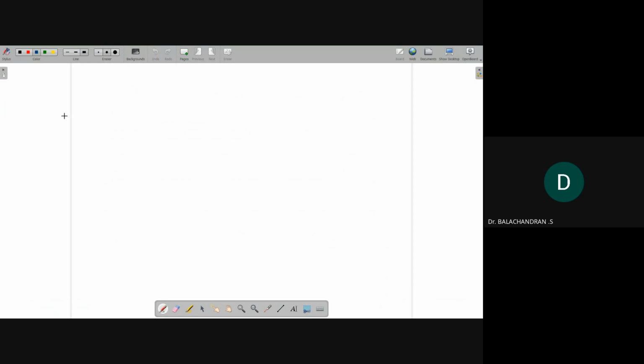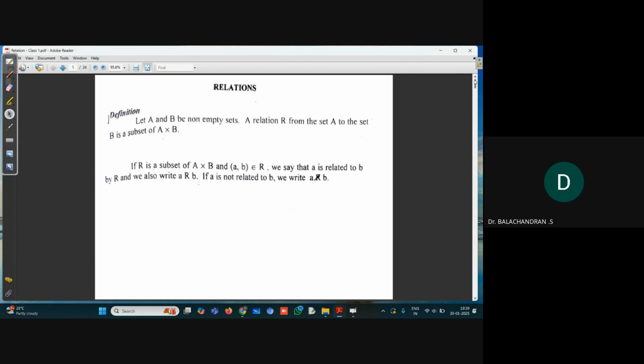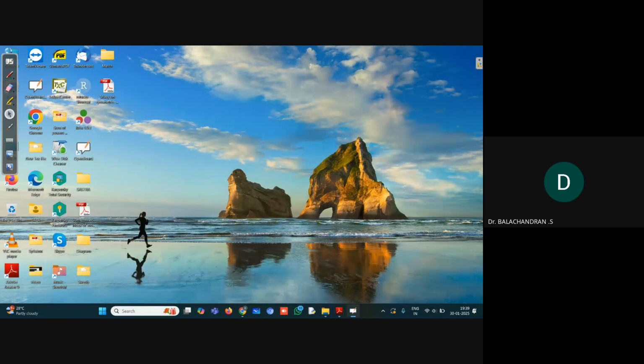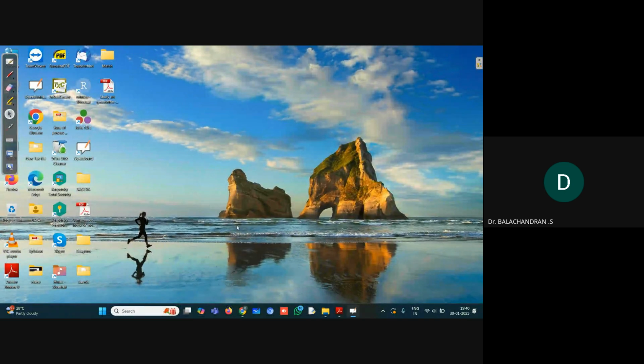A is related to B means either you can write (A, B) in R, or you can write A R B. Suppose A is not related to B, it means (A, B) is not in R, or you can write A not related to B. Now I'll go to the slides.